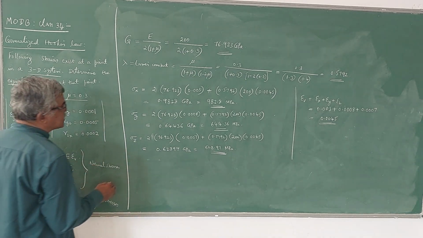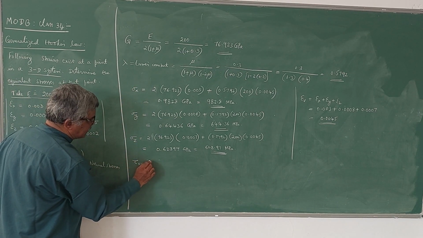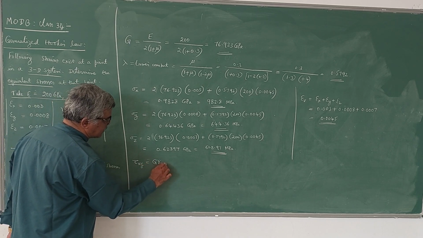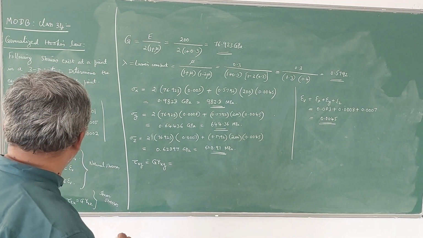Now the shear stresses. We get tau xy, which is g into gamma xy. Just multiply the rigidity modulus by gamma xy, you get tau xy.